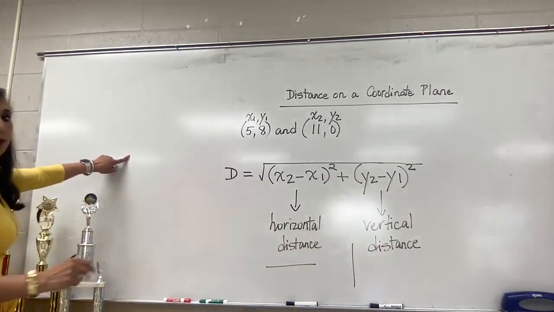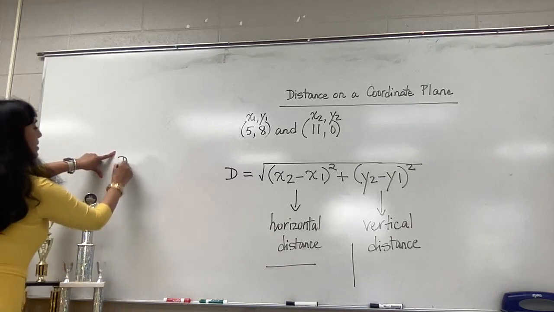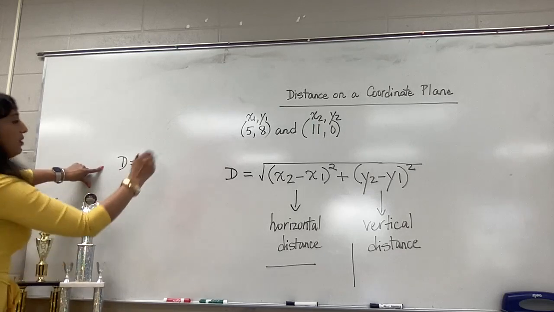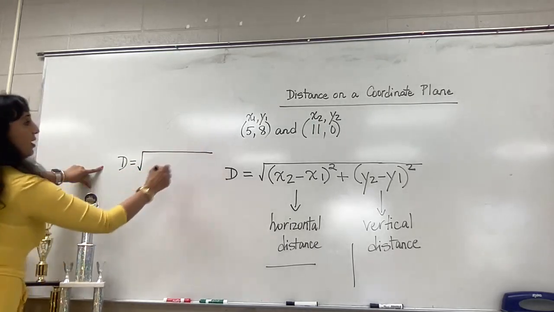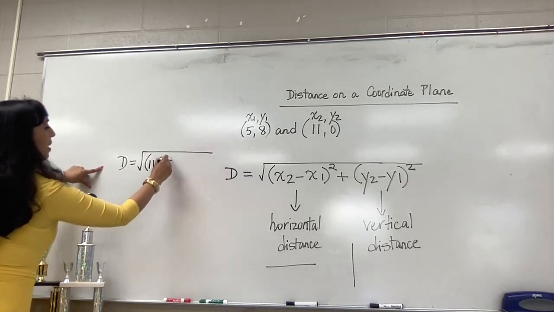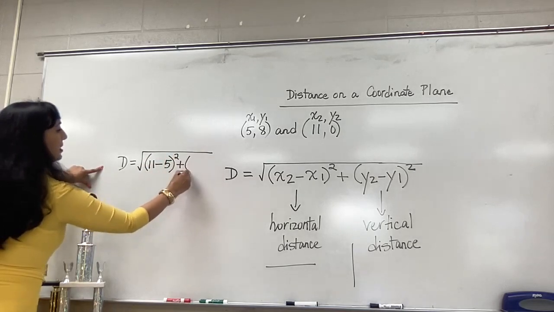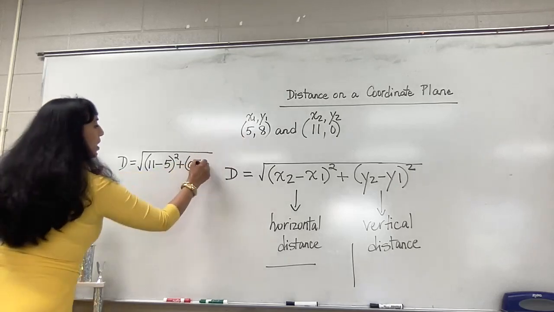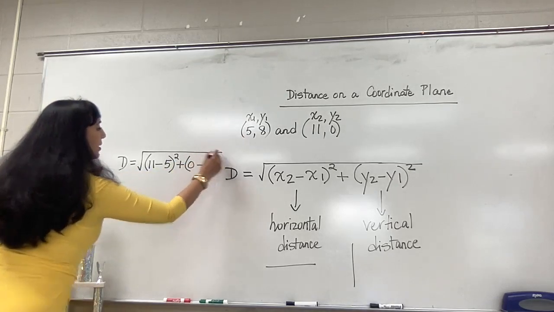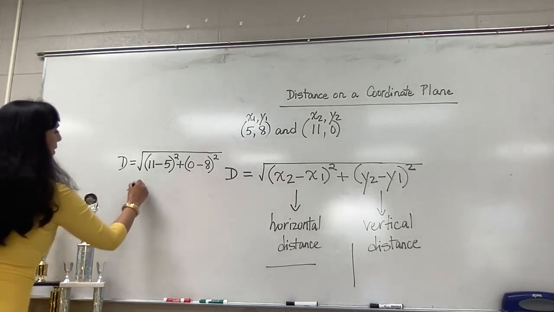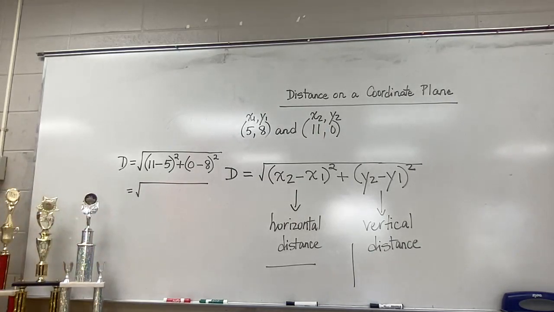Using this formula, distance is equal to the square root of x2, which I know is given as 11, minus x1, which is 5, squared, plus y2, given as 0, minus y1, which is 8, squared. So we write that out, substitute, and then solve based on order of operations.